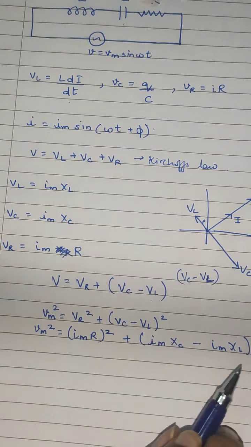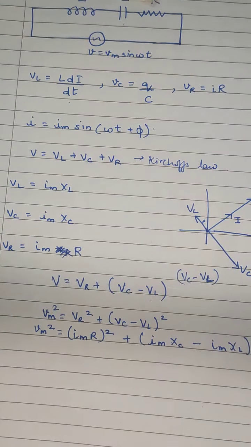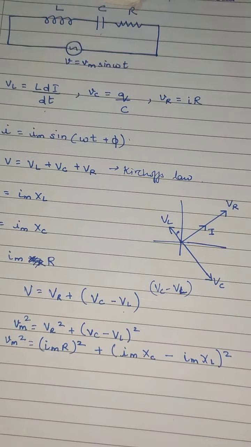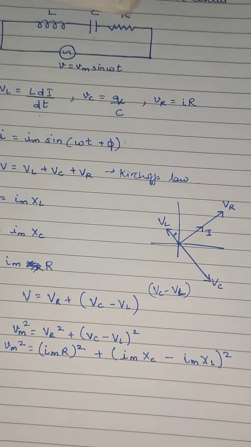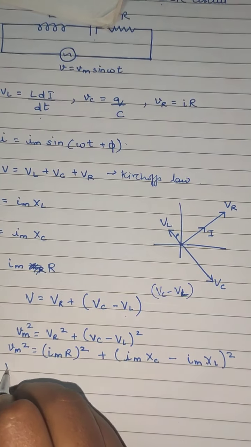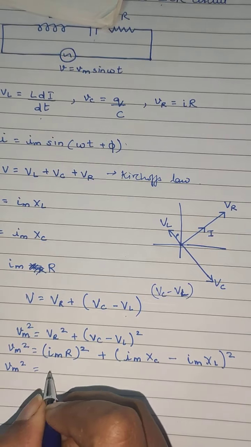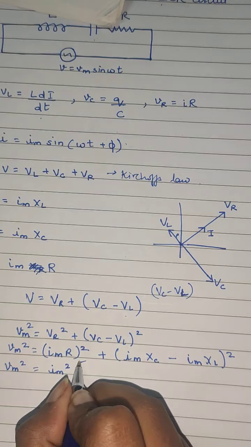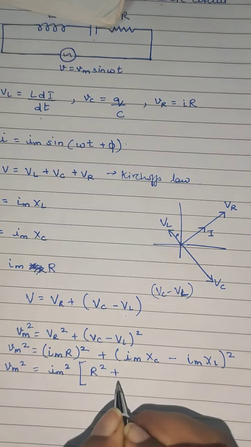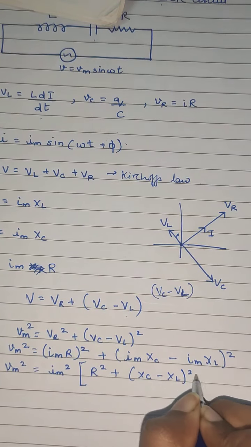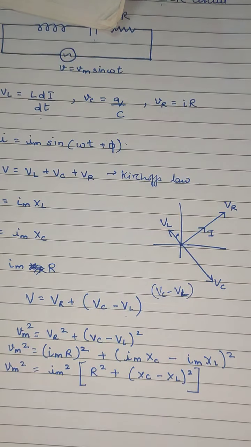Next I will take Im common out, so I will get Vm square is equal to Im square, the whole bracket, R square plus XC minus XL the whole square. Okay, so this is what I am going to get.